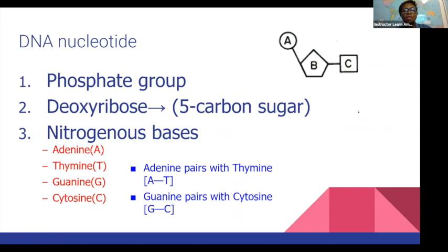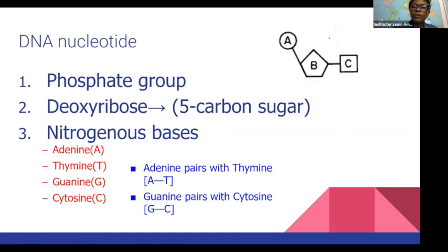So here, if we were to look at the simplest part of the DNA, DNA is a nucleic acid, and the basic subunit of a nucleic acid is a nucleotide. For DNA, I'm going to use the structure on the right to represent the nucleotide.